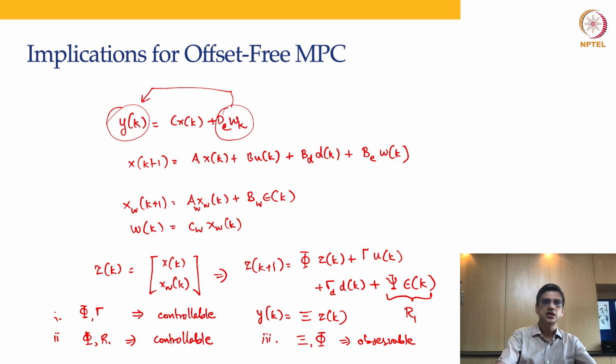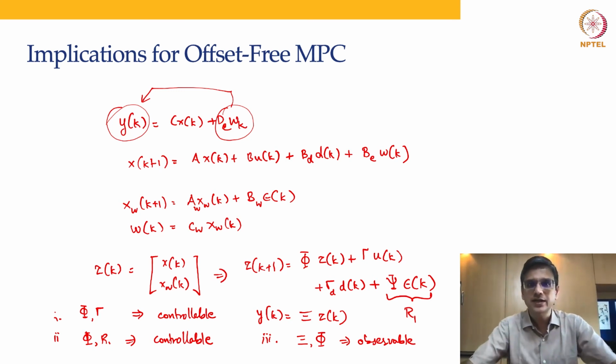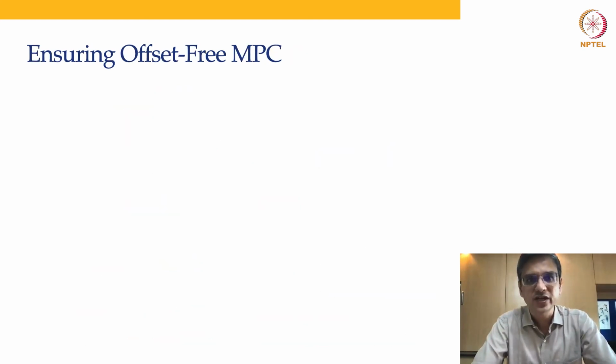That means the A and gamma part of this should form a controllable set. Okay, so that is the implication for offset-free MPC.